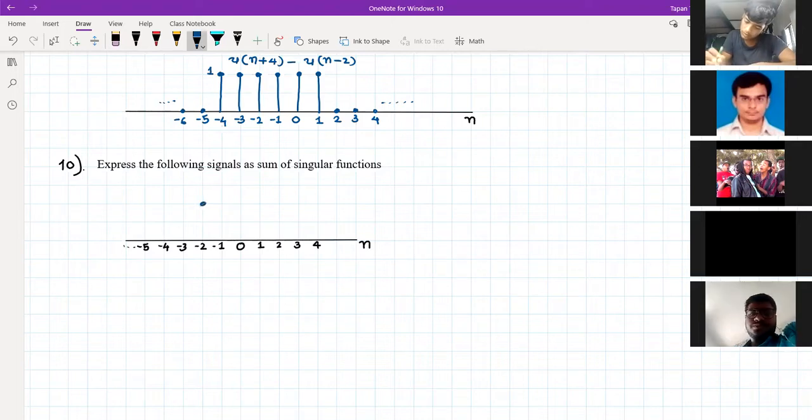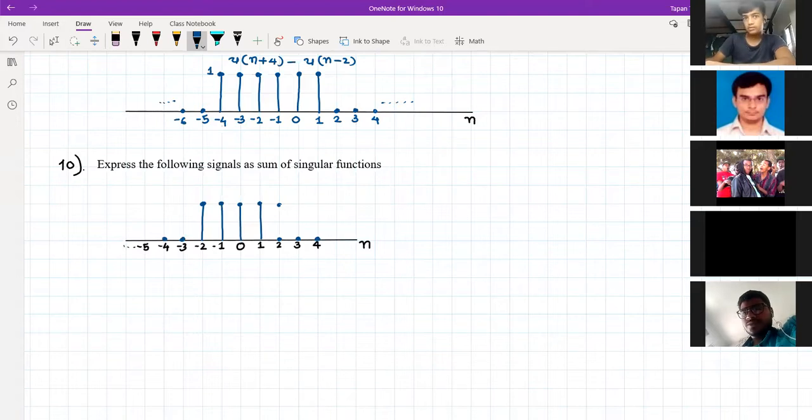So at -2, before that it is 0. At -1 it is 1. At 0 it is 1. At 1 it is 1. At 2 it is 0. 3 is 0. 4 is 0. This is x of n.